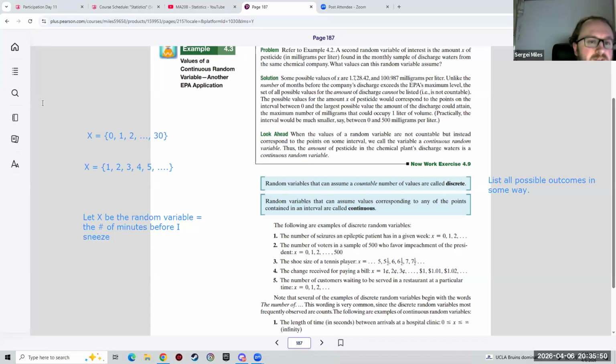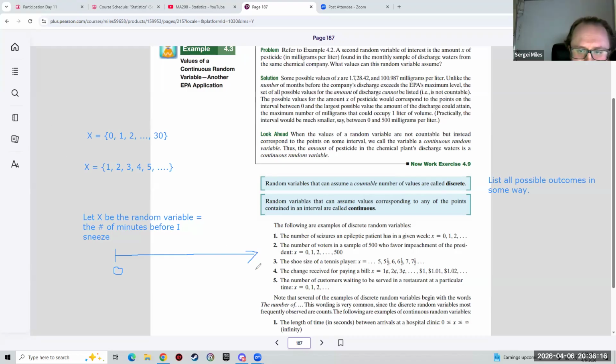So now, in terms of what are the possible numbers, well, I could sneeze instantaneously. What if I sneeze right now in this moment as I'm talking? Okay, that's 0, right? 0 minutes have passed. But otherwise, it could be half a minute, 10 seconds, 30 seconds, 22.4 seconds, and so on. It could be any possible real number.